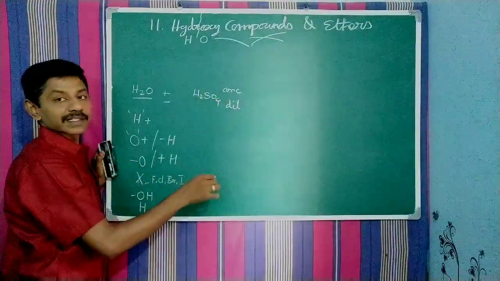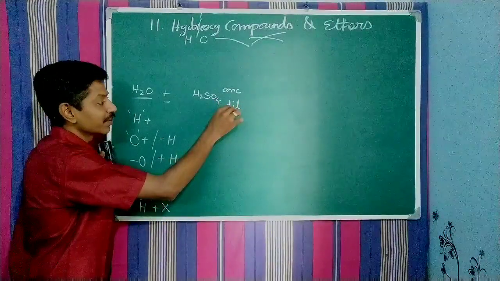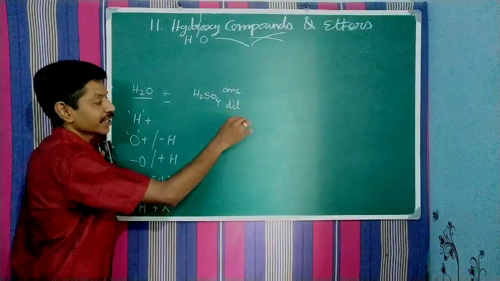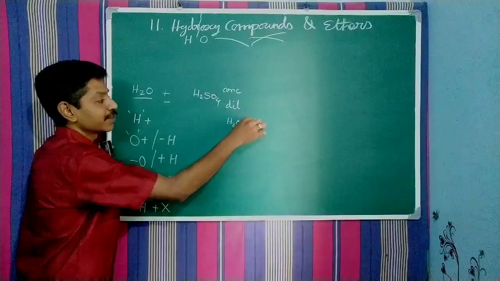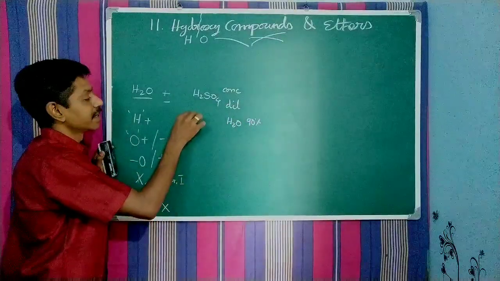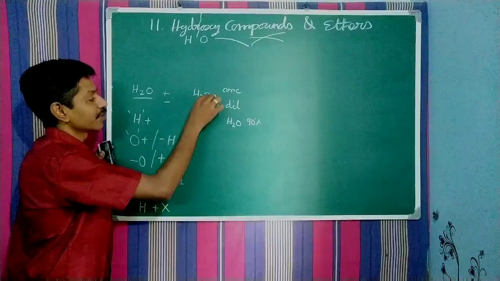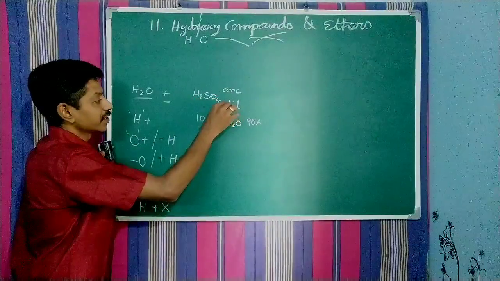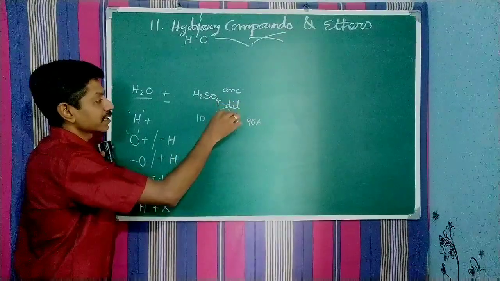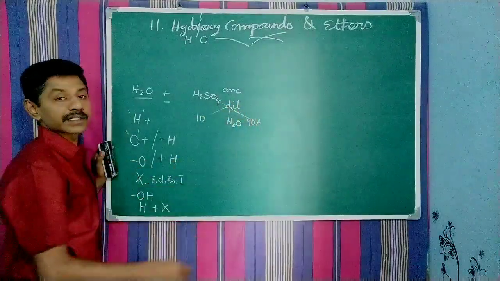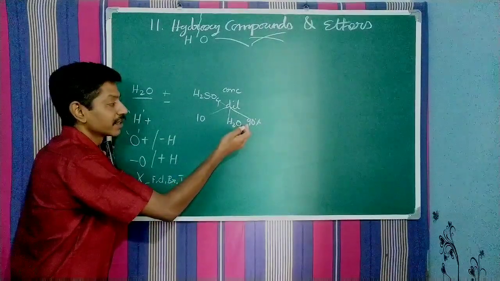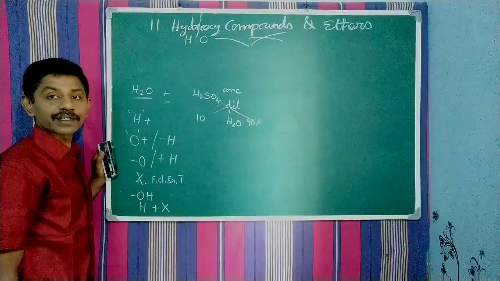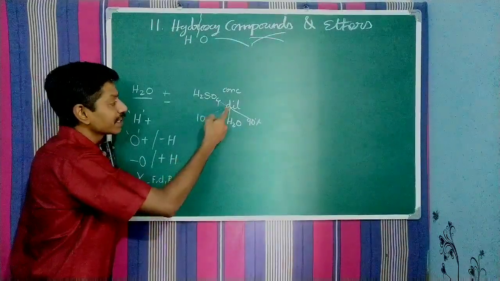Dilute sulfuric acid, just look at the name, means more water. Just for example, 90% water and maybe 10% sulfuric acid. In a dilute condition, sulfuric acid is 10% and water is 90%. That means more water. Suppose you want to go for hydration, that means addition of water, you have to prefer only dilute sulfuric acid.